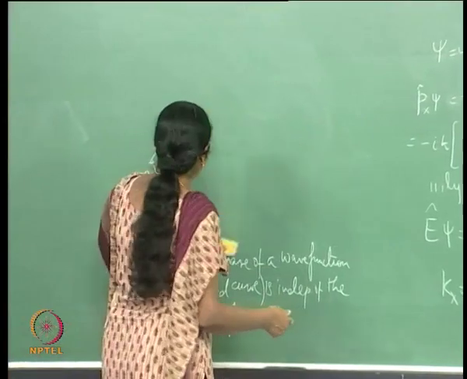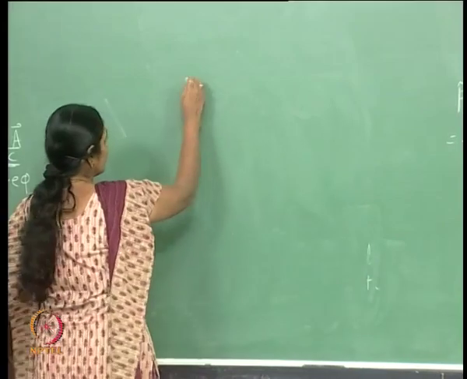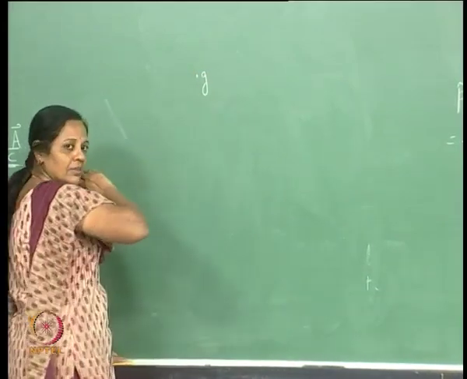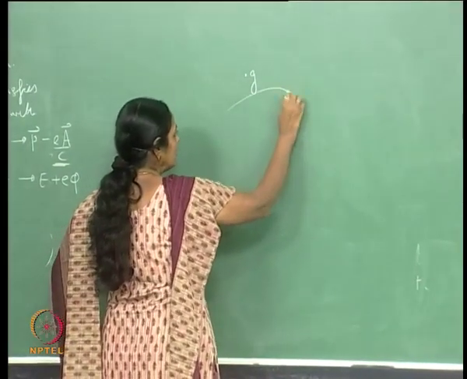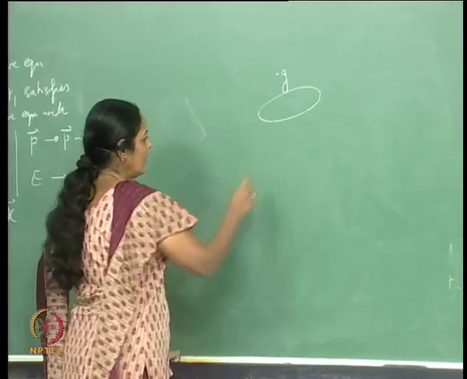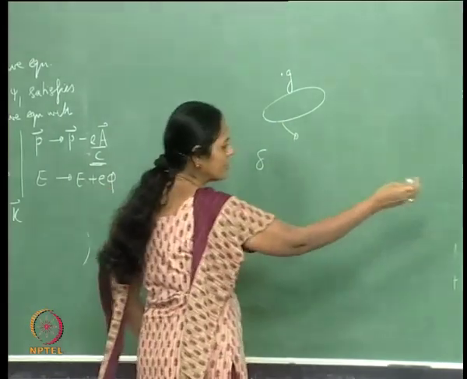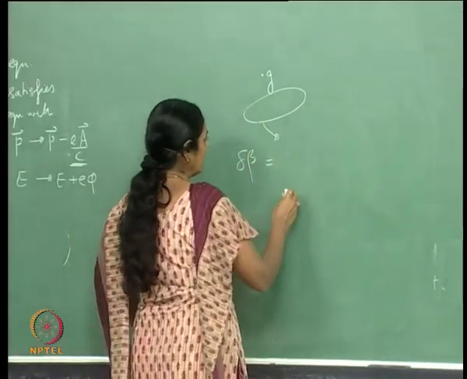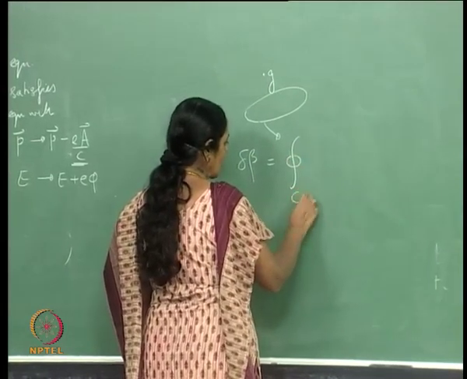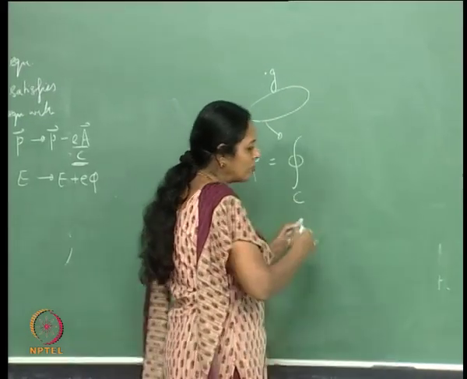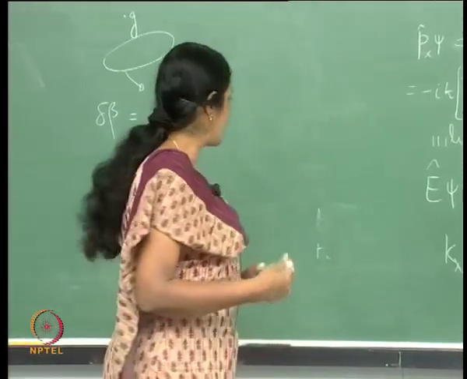sitting somewhere in space. So all I am doing now is to take a wave function of a charged particle over a circle, and what is the change in phase of the wave function? The change in phase of the wave function can be written as delta beta, and delta beta is simply the integral over the circle, let me call that C, of k naught dt plus kx dx plus ky dy plus kz dz.